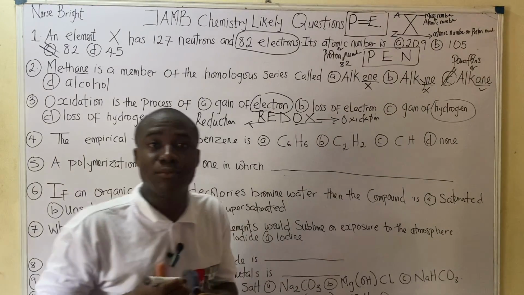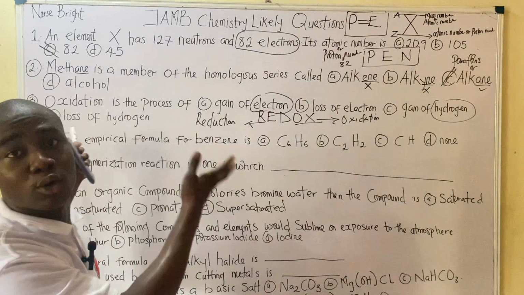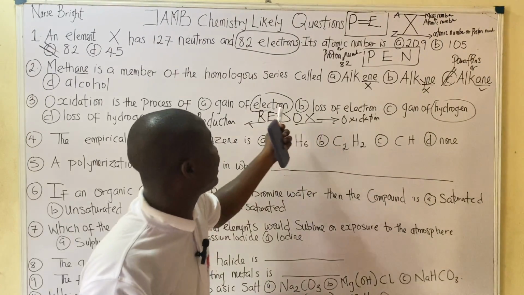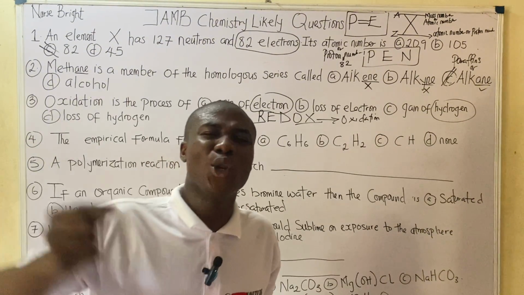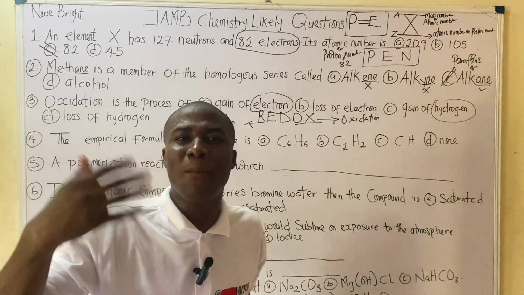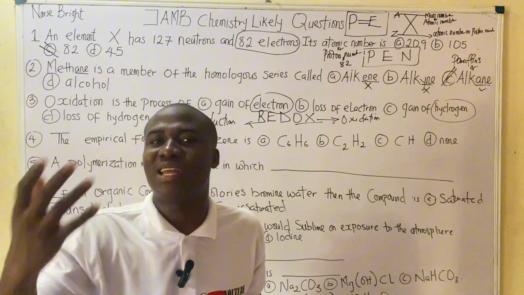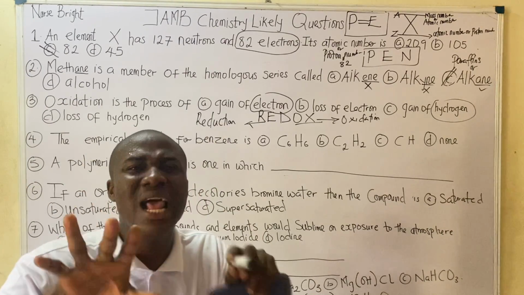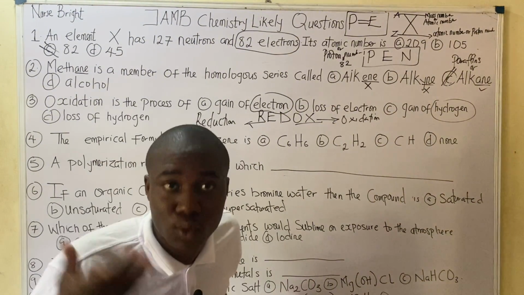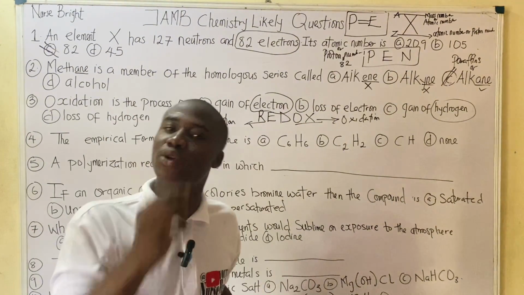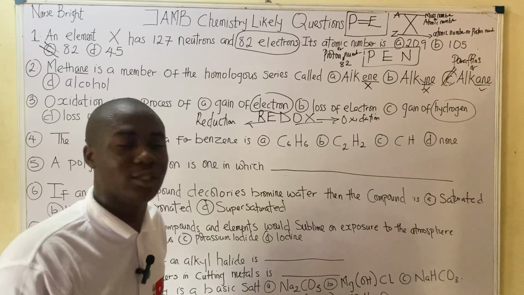We define them based on electron, hydrogen, oxygen, and also electronegativity and electropositivity. But let's focus on what we have here, because this is a JAMB past question. It might come out in your exam, so you have to pay attention and know how it's solved.